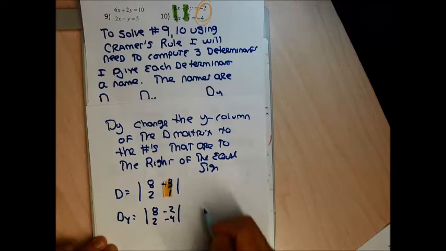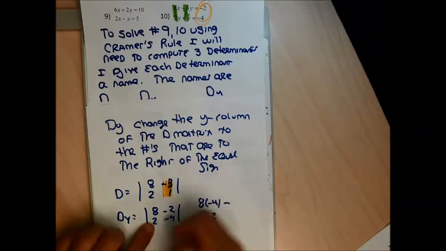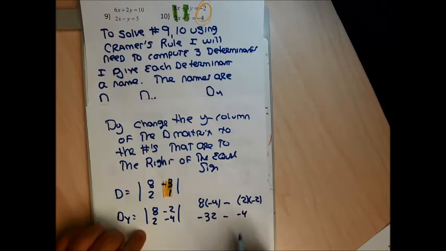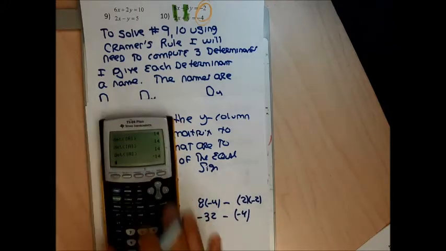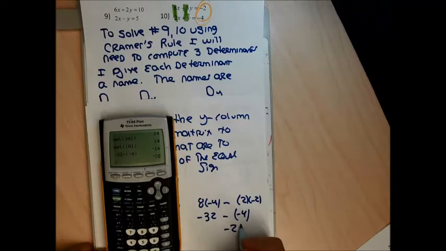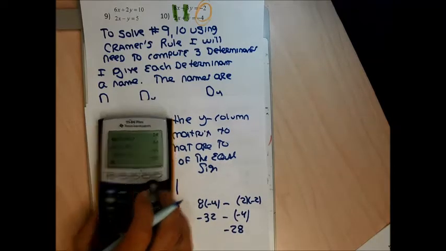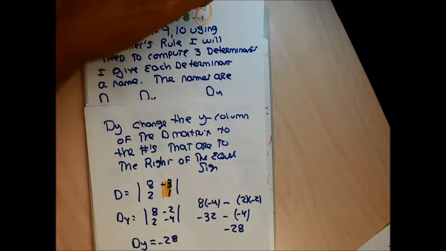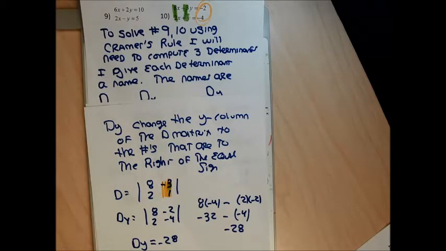I'm going to find this determinant by going 8 times -4, going down and getting -32, and then going up, 2 times -2, and subtracting those amounts. So -32 minus a -4 gives me -28. So I have D sub y equal to -28.